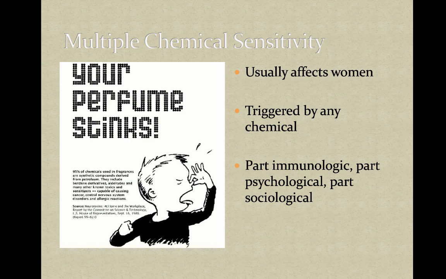Any chemical can initiate the response, and an odor is the primary trigger: gas fumes, perfumes, cigarette smoking, plastics, water additives. It's thought that it's part immunologic, where your body has a T-cell mediated response, part psychologic and part sociologic.